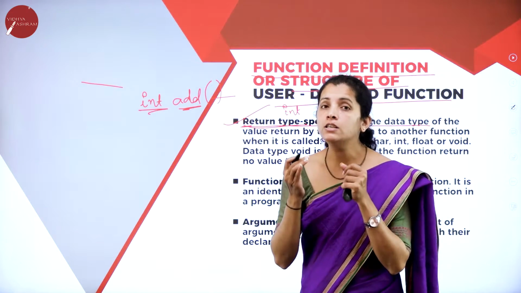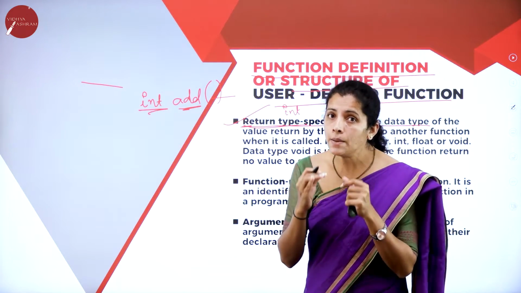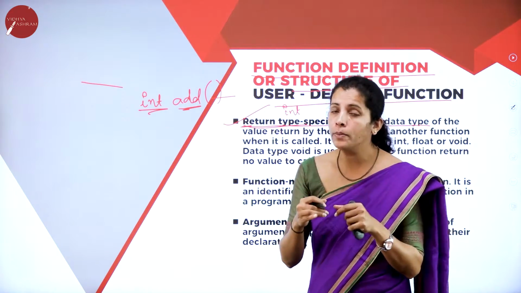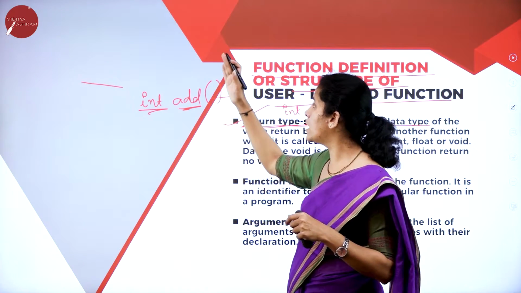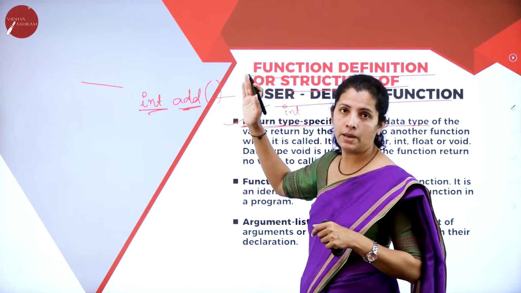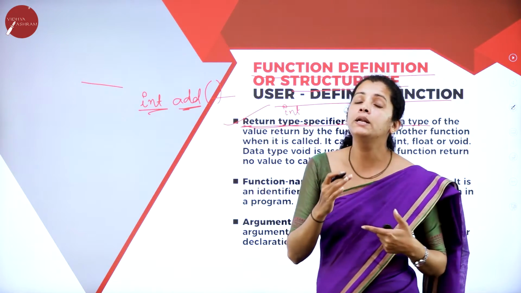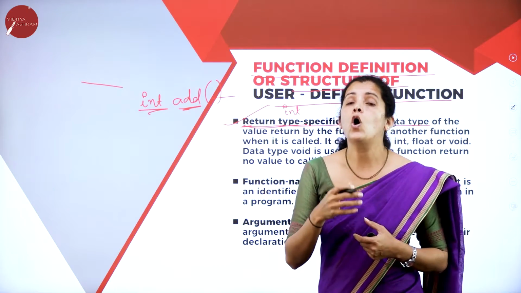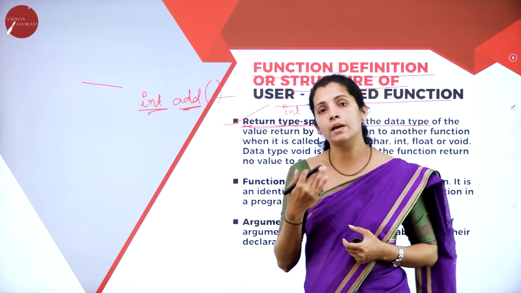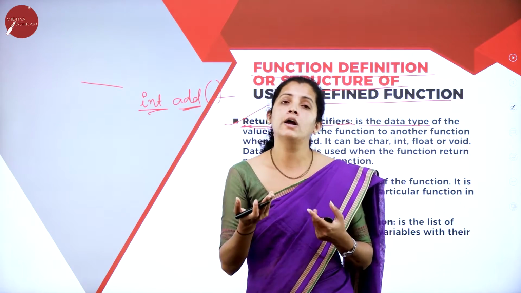If the function is going to receive any parameter or argument, in that situation I want to specify the parameter list. And this parameter list or argument list field is optional. That means I can include the argument or I cannot.